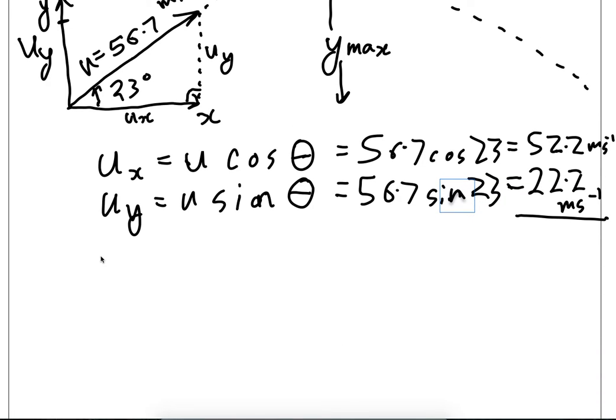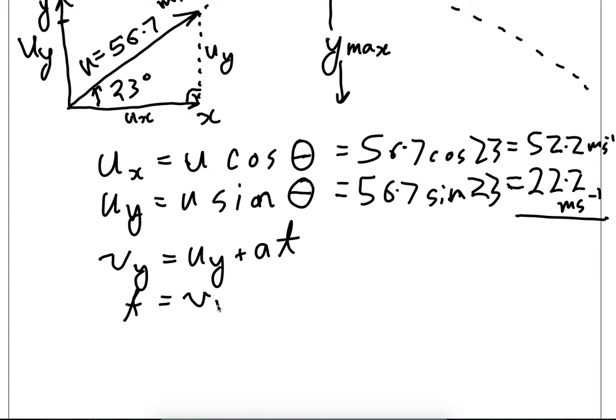So if we take Vy just in the y direction equals Uy plus AT. Now the acceleration is going to be the acceleration due to gravity, but we've defined upward as positive, so that's going to be negative. We can rearrange that, so just doing the algebra, t equals Vy minus Uy over A. Now Vy we said was going to be 0.